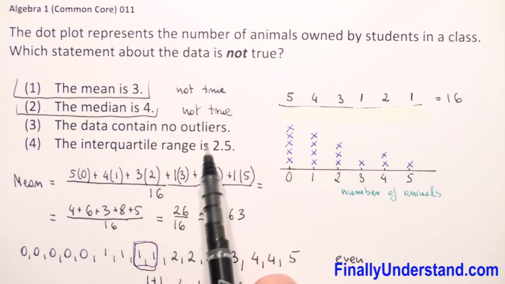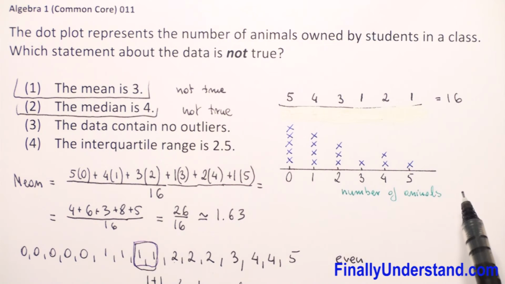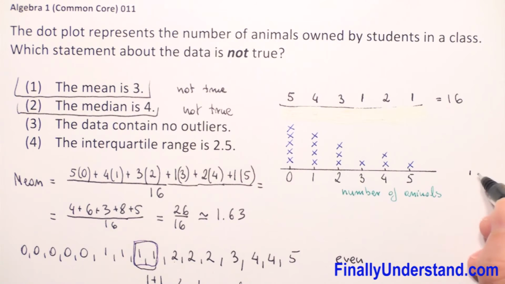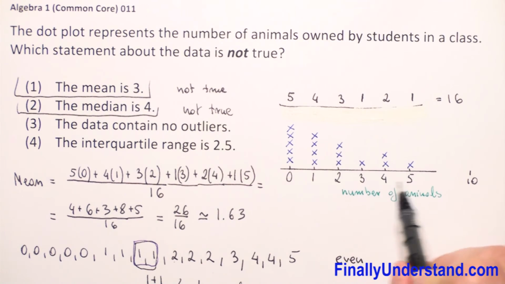The data contain no outliers. So first, what are outliers? Outliers are values that lie outside the other values. When we collect data, sometimes there are values that are far away from the main group of data. In this example, we don't have something like this. For example, if one student had 10 animals, then that data would be far away from the given data.